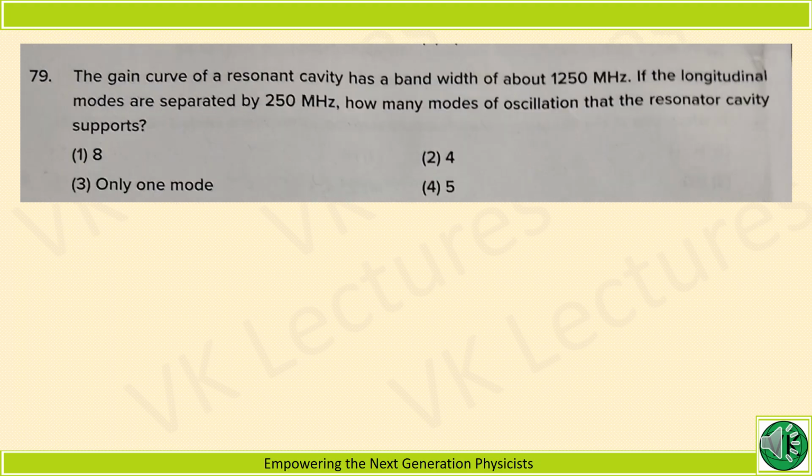The gain curve of a resonant cavity has a bandwidth of about 1250 MHz. If the longitudinal modes are separated by 250 MHz, how many modes of oscillation does the resonator cavity support? The answer is 5, option 4.